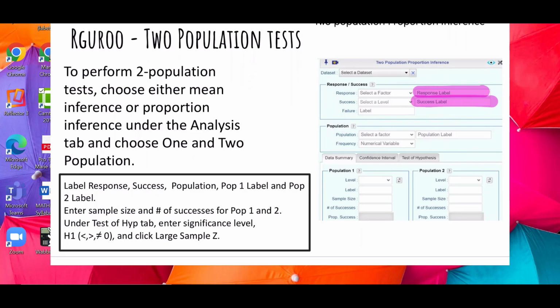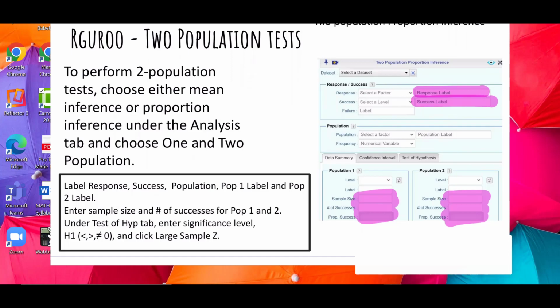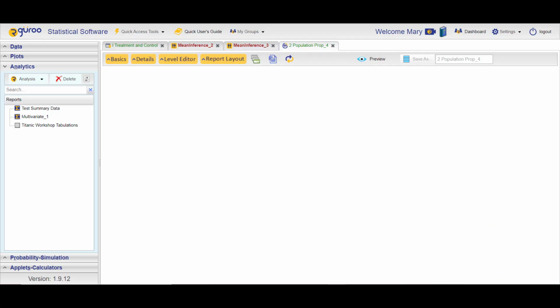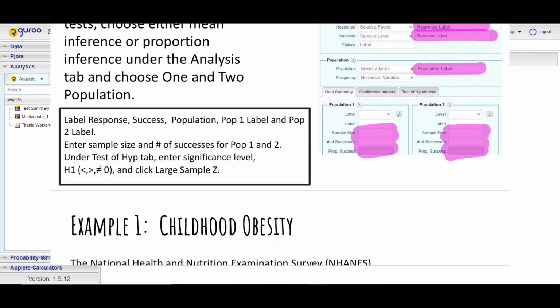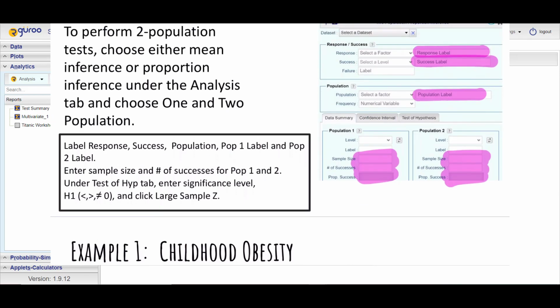All right, so you want to label those, and then you want to fill in the data here and here. And before I forget, you also have to label the population. So you need to label the response label and the success label. So, what is the data you're collecting?